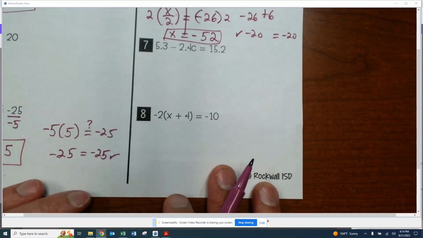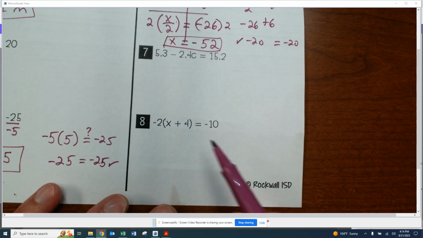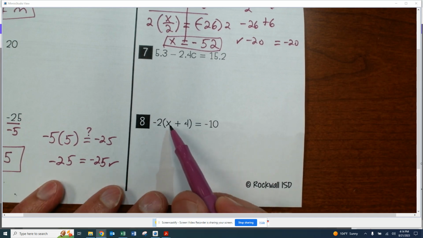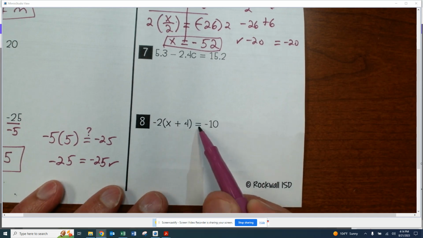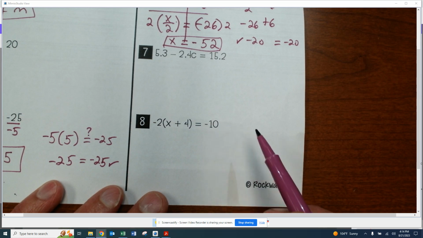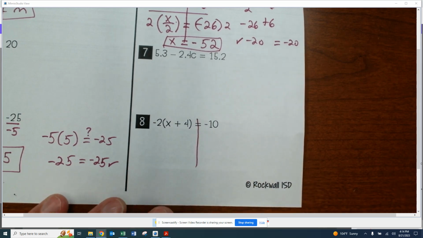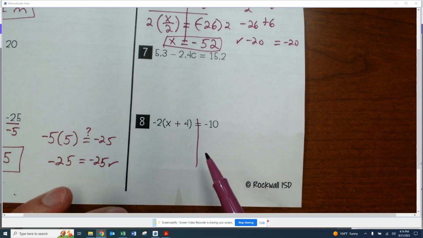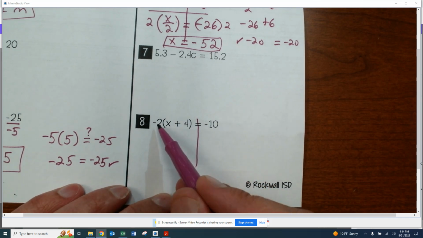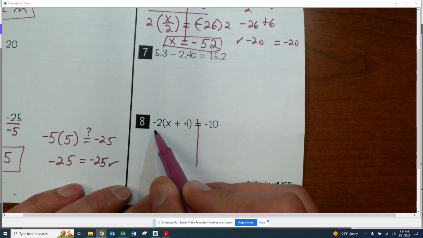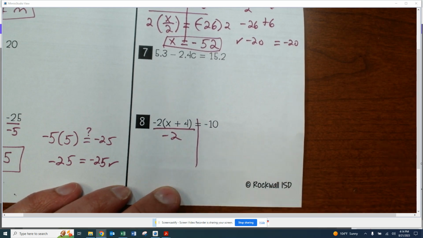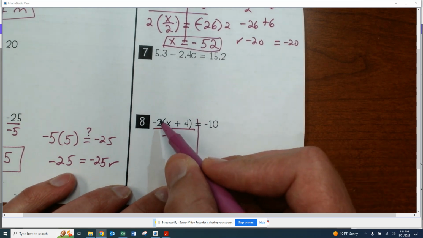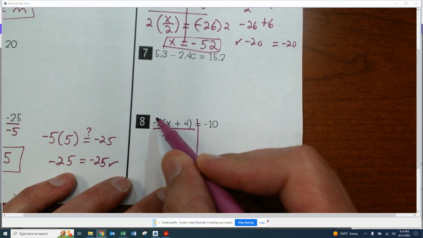The last problem we're going to look at is problem number 8. We have negative 2 in parentheses x plus 4 equals negative 10. The first thing I need to deal with is this parentheses. And the easiest way for me to deal with multiplying everything by negative 2 is if I divide by negative 2. Because negative 2 divided by negative 2 is just 1.